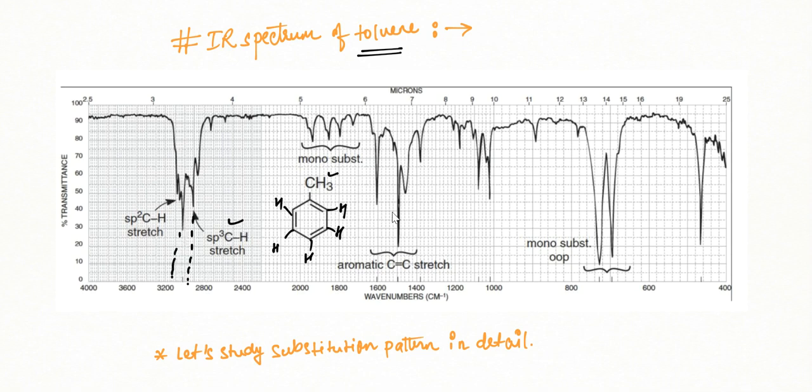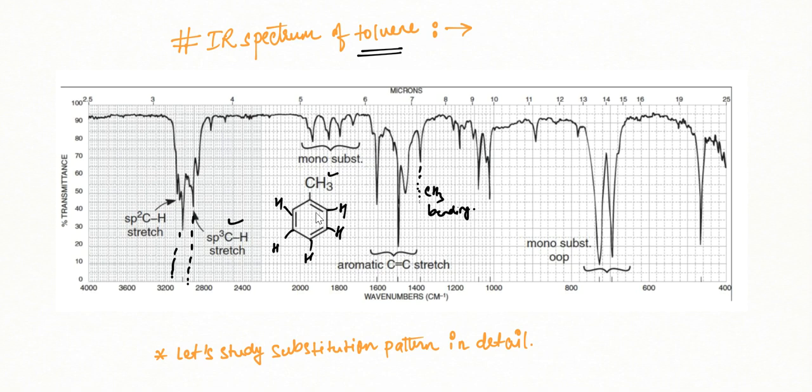The other thing is CH3 bending. Do we see a CH3 bending at around 1375? Yes, a small peak we see. This is our CH3 bending, and we have discussed this in the last video also.